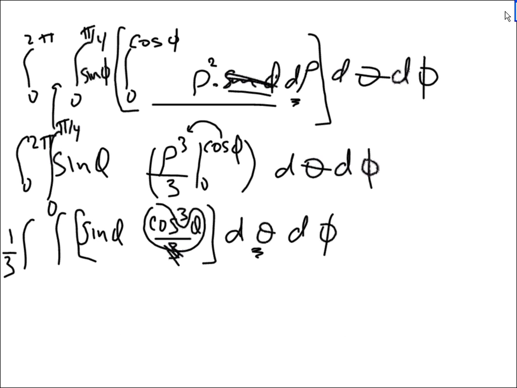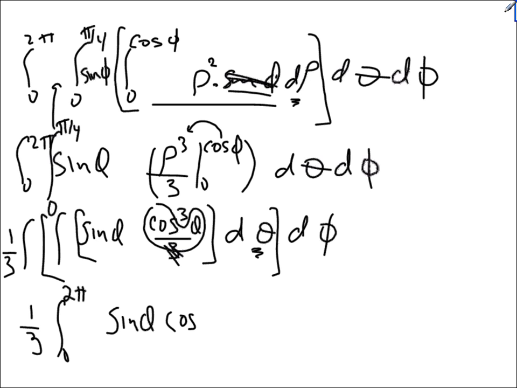What's in there is not a function of theta. That is, it's a constant. The integral of a constant times d theta is that constant times theta. And theta goes from 0 to pi over 4.